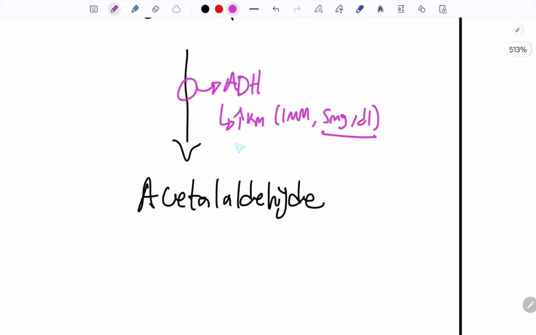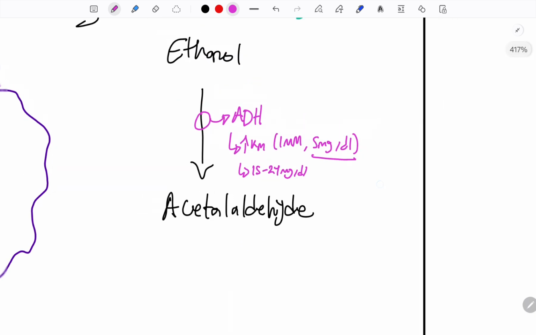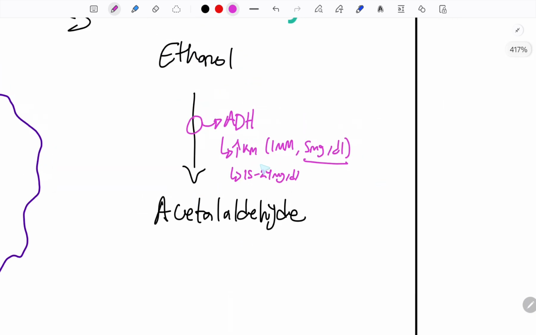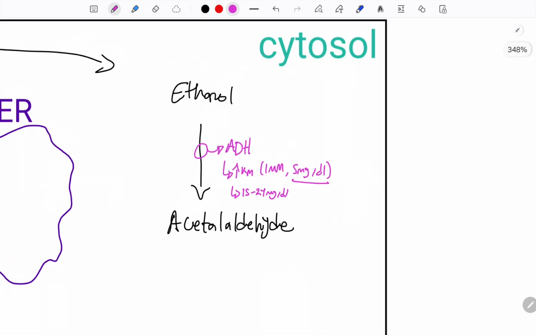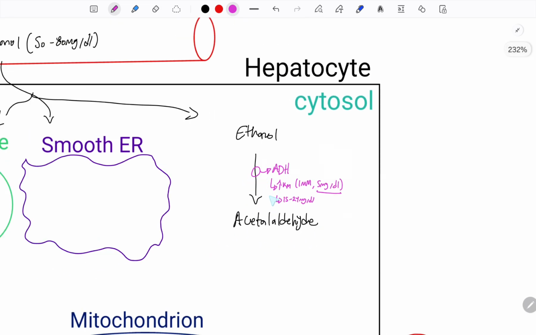Well, upwards of 15 to 24 milligrams per dL can fully saturate this alcohol dehydrogenase enzyme, and it cannot handle any more ethanol coming its way to make this acetaldehyde, and thus we have to use another pathway inside of this hepatocyte for oxidizing the ethanol.